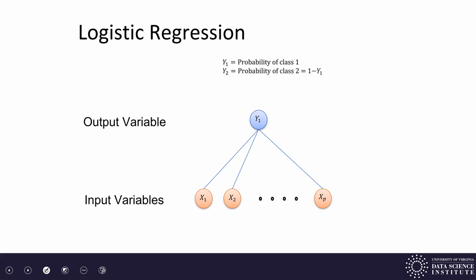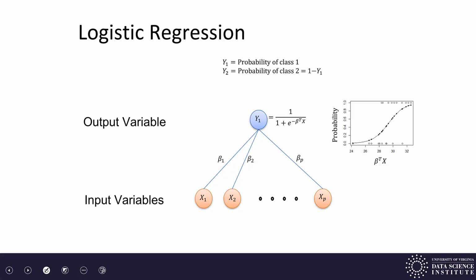Let's talk about logistic regression. In logistic regression, it starts out the same way. We have our input variables. We're going to multiply each of those by a beta, the coefficient beta i for xi. But then we're not just going to add up the output of those.